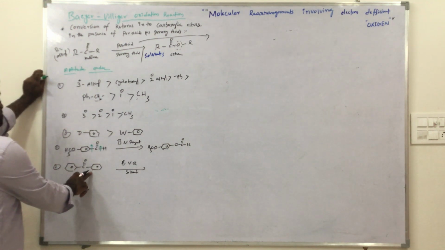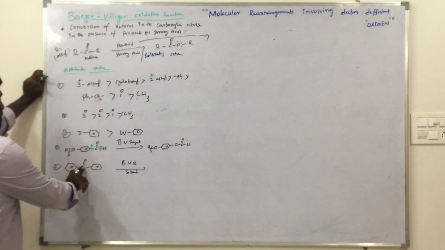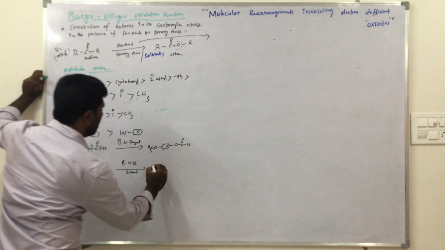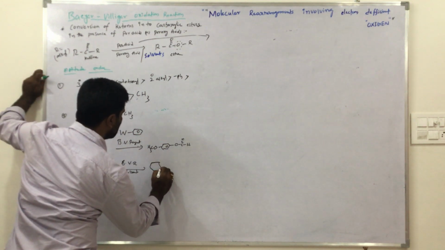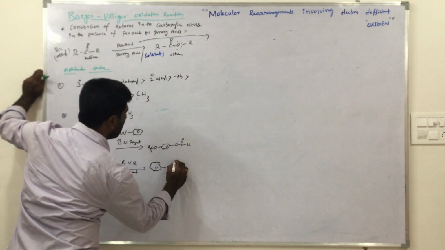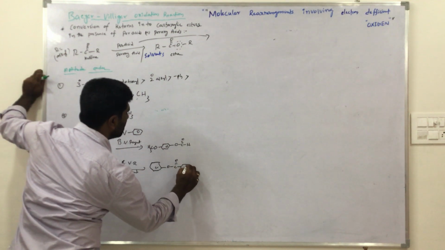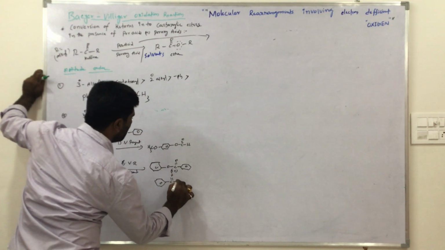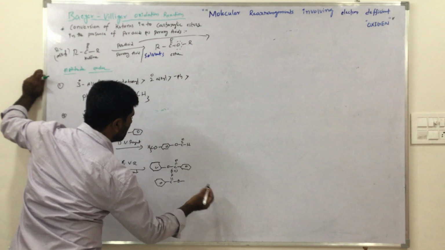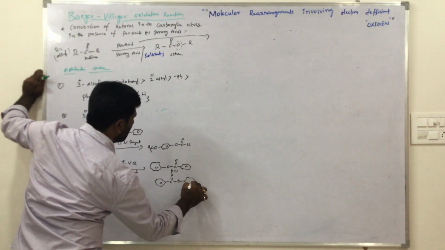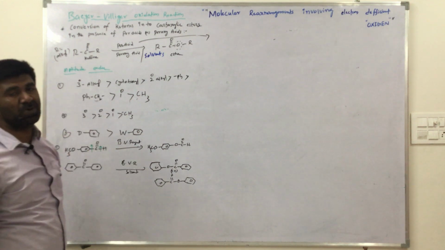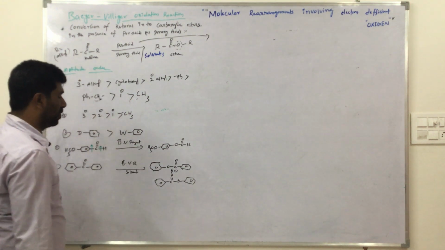So oxygen insertion takes place either on the left side of the keto group or the right side of the keto group. Now the product is O-C double bond O, or C double bond O with oxygen on the right side of the keto group. Both are the same.